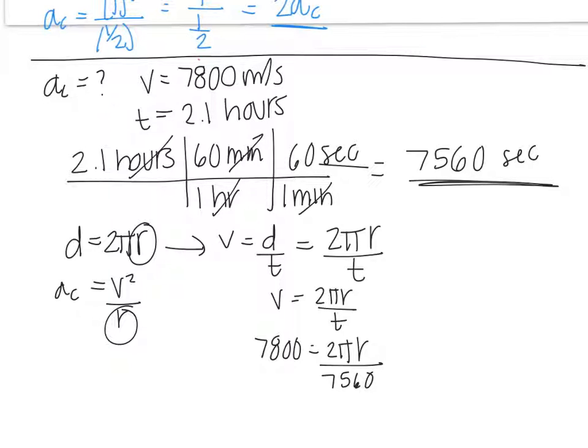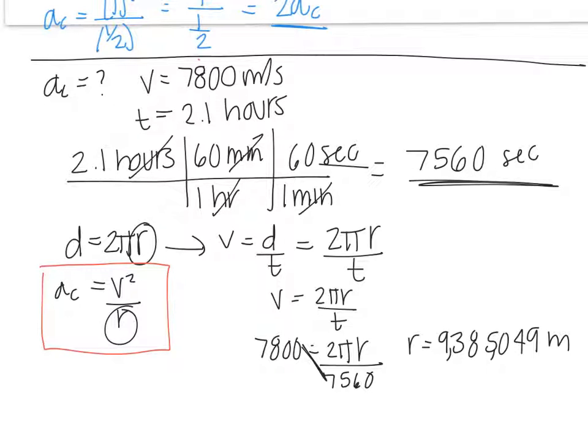If I multiply these across and then divide by 2 pi, you get an answer of r is equal to a huge, huge number: 9,385,049 meters. So I've solved for r, which means I can now solve my centripetal acceleration.